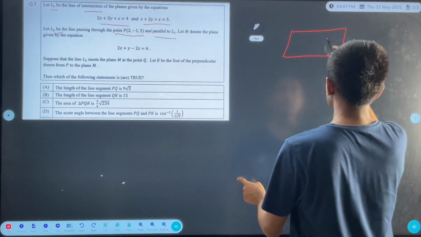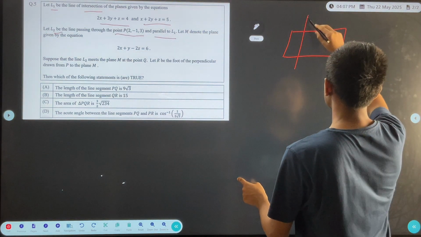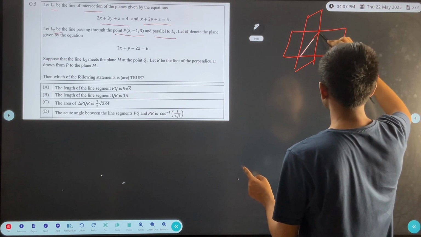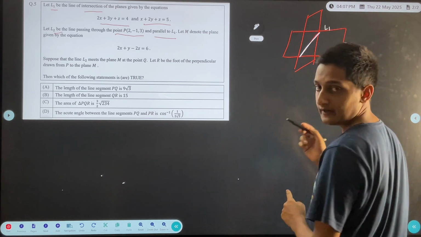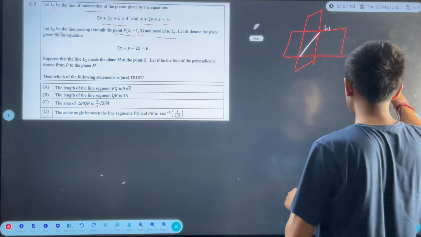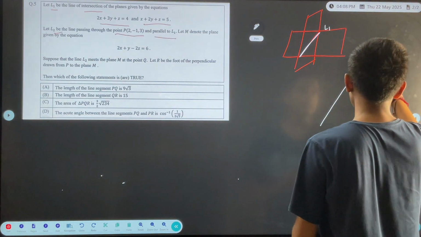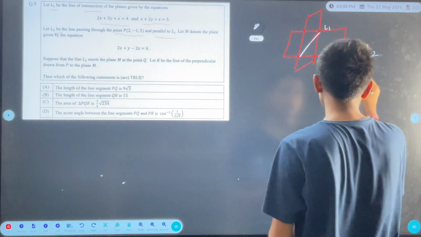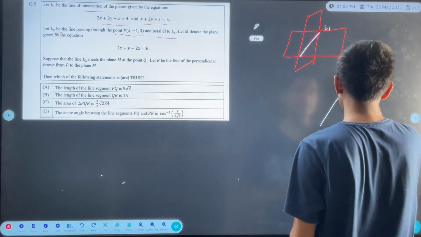Let's say these two are the planes and there is some line L1 here. Alright, and we have a line L2 parallel to it. So just for convenience sake, I will draw it here, L2. And we know that it passes through the point 2, minus 1, 3, which I will denote by P here.